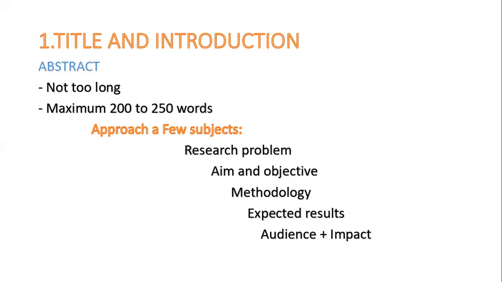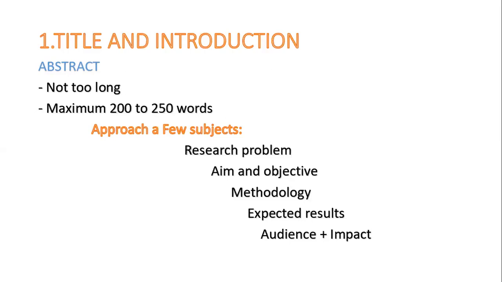Secondly, after your title, you now need to give us your abstract. An abstract is basically a summary of your whole work. In the abstract, you present a little bit about your research problem. You also explain the aim and objective of your research, and the methodology. You also bring out the expected results from the research you're doing.